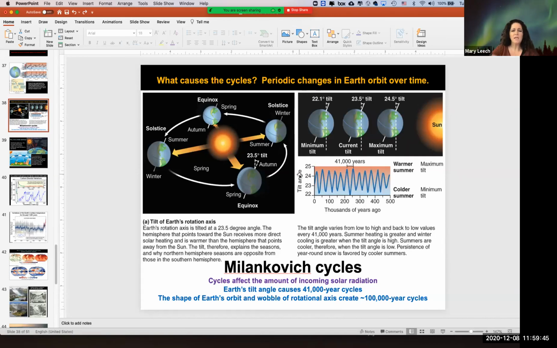That change in tilt gives us cycles on about a 41,000 year cycle between warmer summers and colder summers. The maximum tilt would be the warmest summers. The colder summers would be the minimum tilt. So minimum tilt, maximum tilt, and you have that cycle.